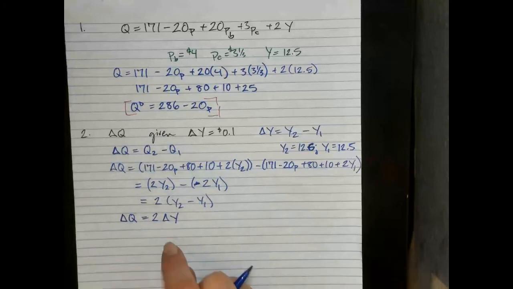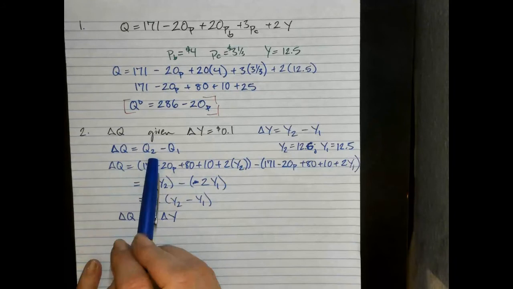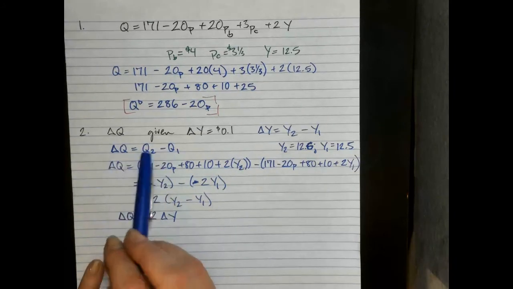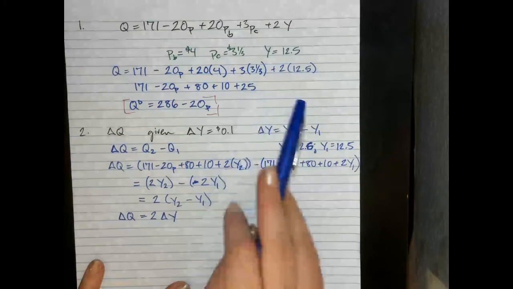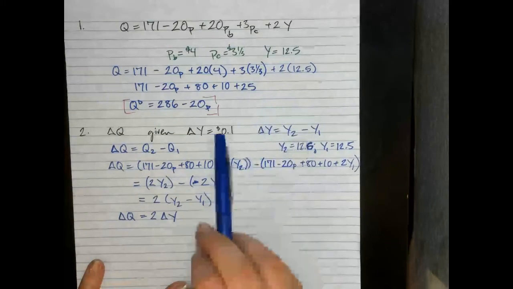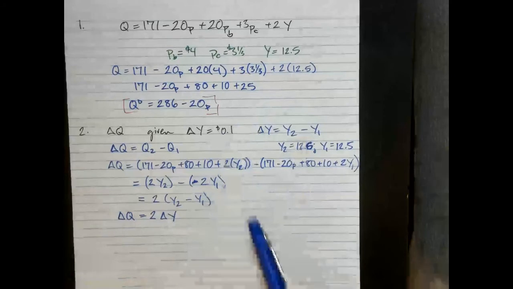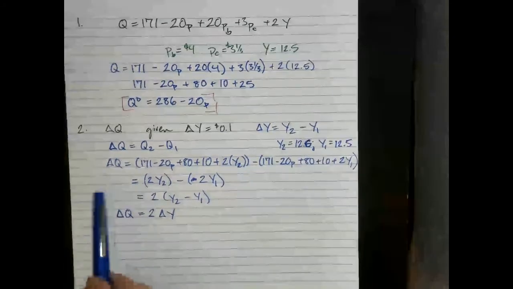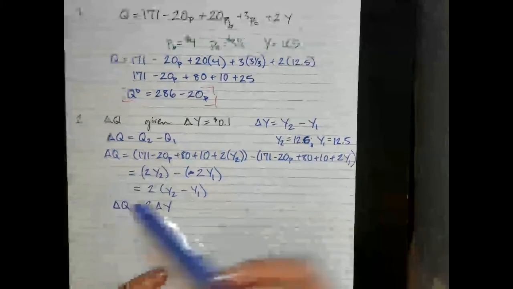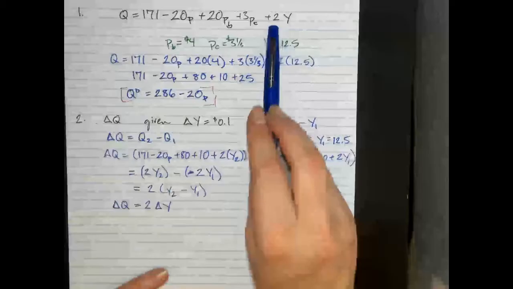Do you see how it's that same exact process we've done before with the solved problems in the slides and in the book, where we take the change in Q. We want to find the change in Q. We sub in for quantity 2 and quantity 1 the formula with just the variable we're interested in, in this case y, left out, and then solve for the effect of a change in y on a change in Q, and we end up with the coefficient for y2 as the effect of the change in y on the change in Q.